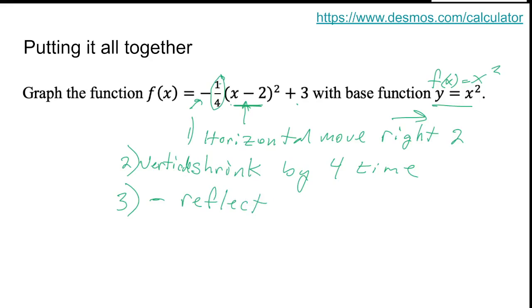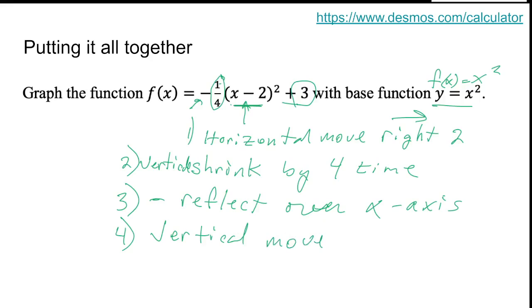Since it's on the outside, it's changing the y value, so it's a reflection over the x-axis. And then the final thing that should happen is the +3 is a vertical shift, a move up, right? Because we're adding 3, up 3. And again, we can put our arrow there.